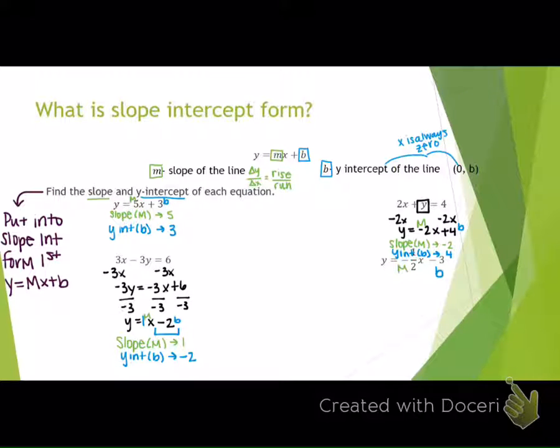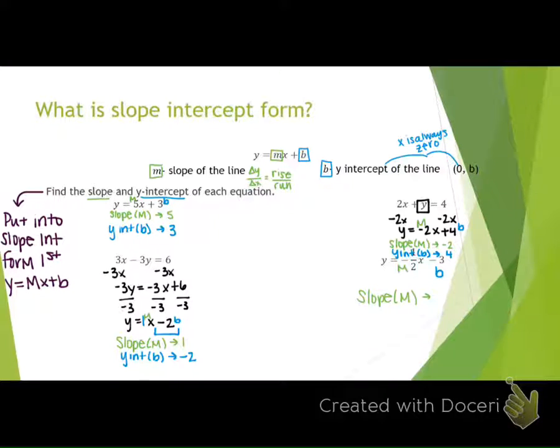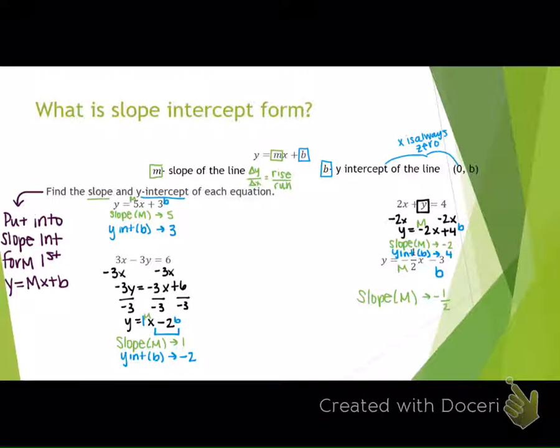Okay, Tommy. Last one there. What is my slope? And what is my y-intercept, Zach?